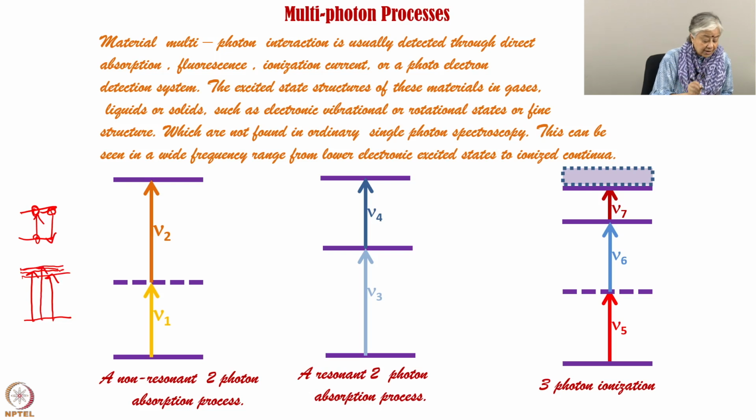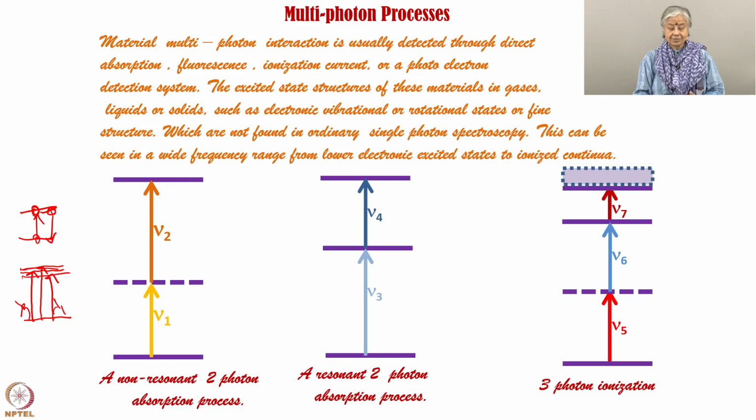Now, what do you need for that? For that you need a tunable laser. So, you should be able to tune from lambda 1 to lambda 3. You should have 3 wavelengths, and in your lab you should be able to do it with your laser. That is why we need a tunable laser.